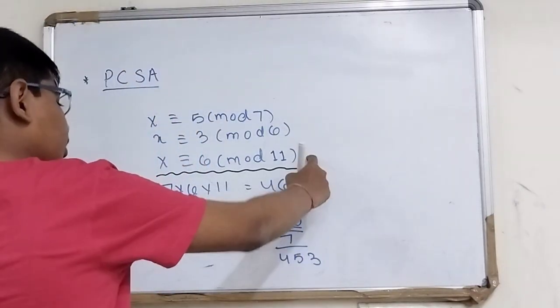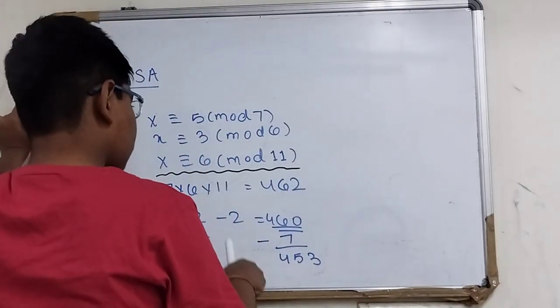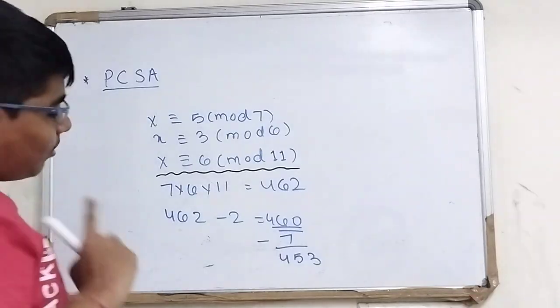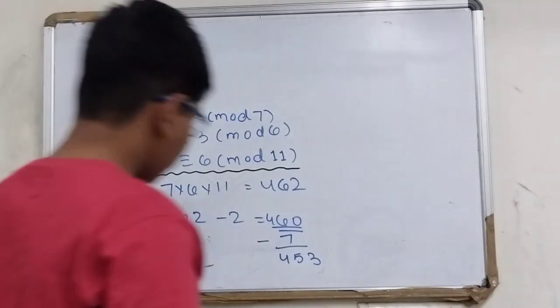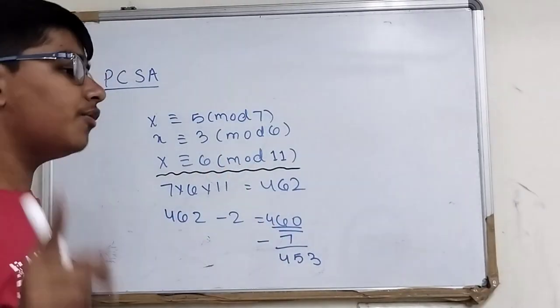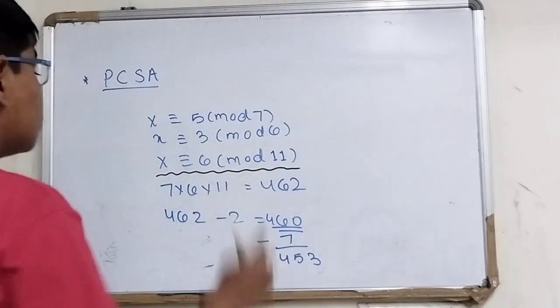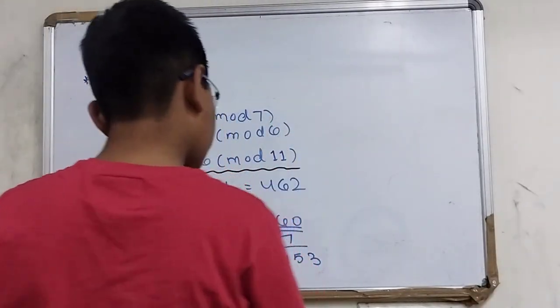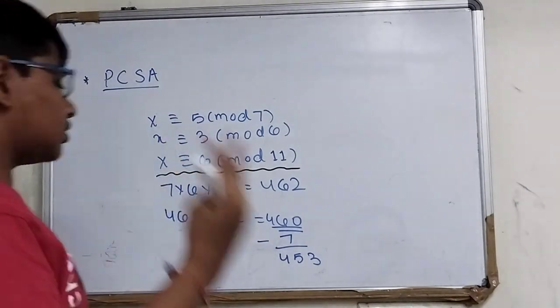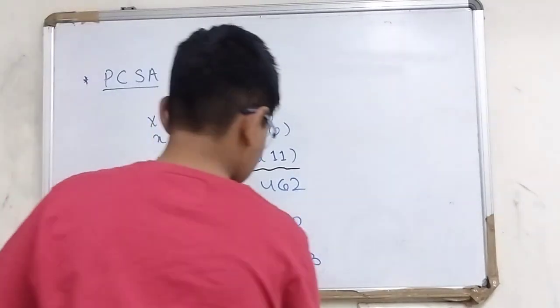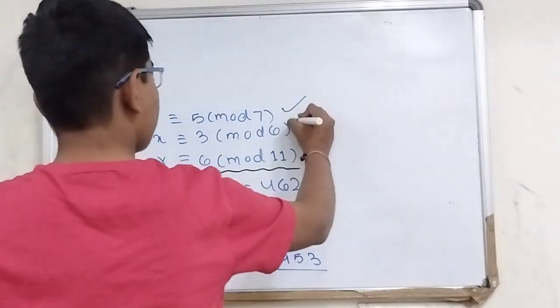Now check the condition. First check the condition for 460. 420, 426, 432, 438, 444, 450, 456. 4 is the remainder. So it is not satisfying. Let us try for 453. 453, 6, 42, 42, 333, 3. This is the remainder. So this is satisfying for this and this.